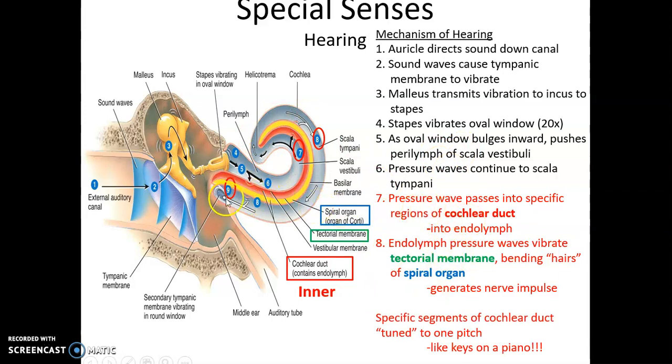And then the excess vibrations will be released out the round window. Now, the cool thing about the cochlear duct is it is tuned, as it were, so that different regions of it will allow the vibrations of a specific pitch, so that it's kind of like a piano keyboard where certain keys produce certain pitches. Here, certain areas allow for certain pitches to pass through.